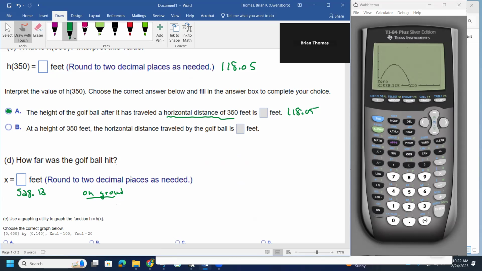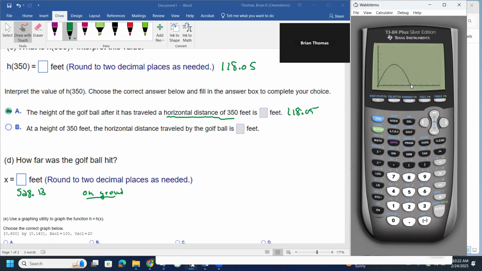Now, another way you could do this instead of doing zeros, you could graph the second equation, y equals 0. Y equals 0 represents the ground. So if I graph this, the x-axis is now going to be determined as the ground. So what I can do is I can find the point of intersection of the way the ball travels and the ground.